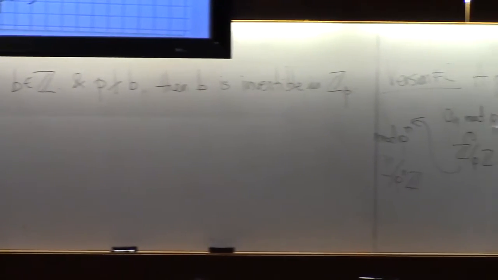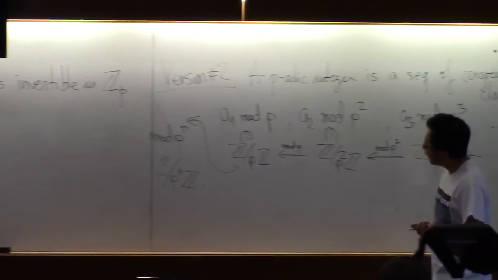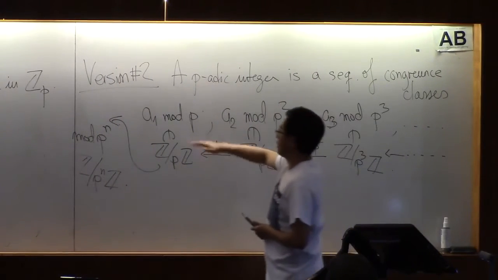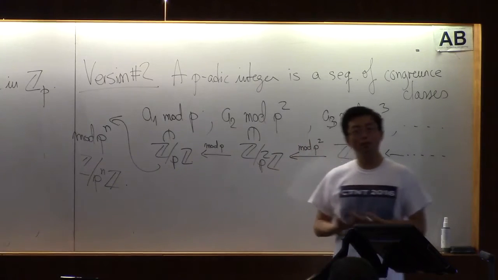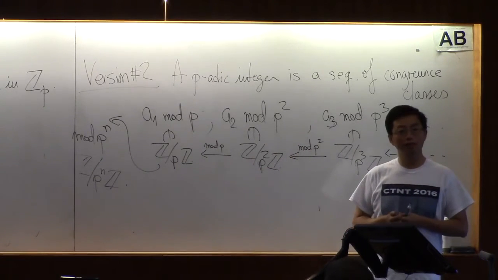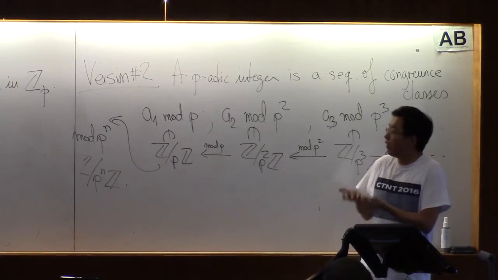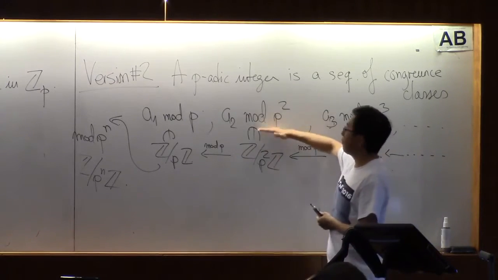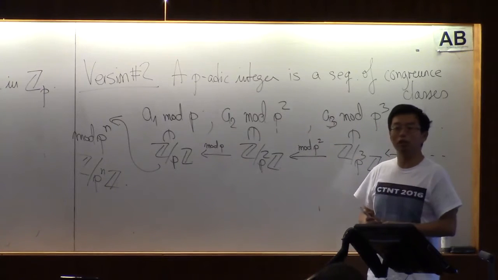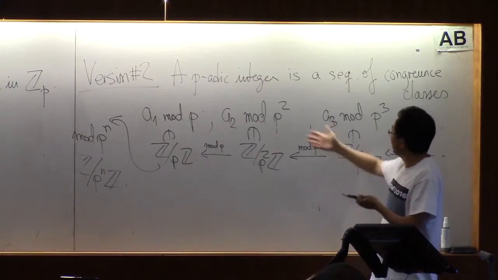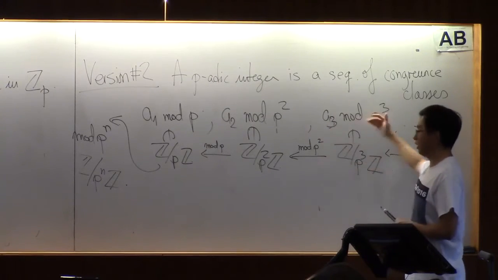Namely, you know what b looks like modulo p. And then you can always find another b' such that b times b' is congruent to 1 mod p. So you know what the inverse of b looks like mod p. And you do it mod p squared. Because again, p does not divide b, so you can invert b modulo p squared. And then you know the inverse of b looks like modulo p, p squared, and then keep doing.